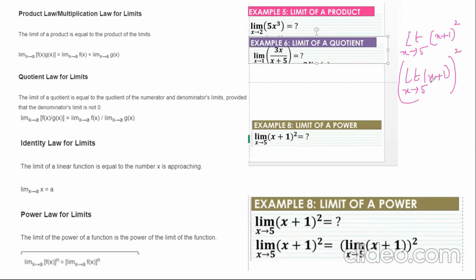Now you can easily calculate the limit of x plus 1 as x tends to 5. Wherever you find x, put 5, so 5 plus 1 is 6. For this whole square, 6 square is 36. Got it?